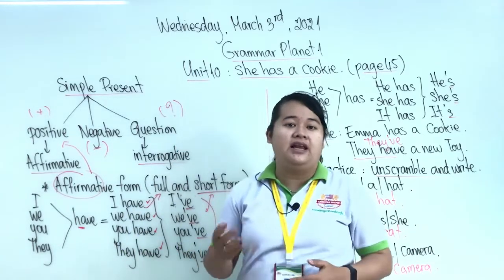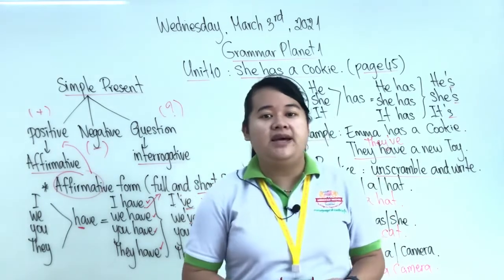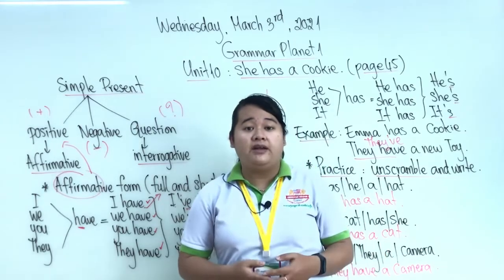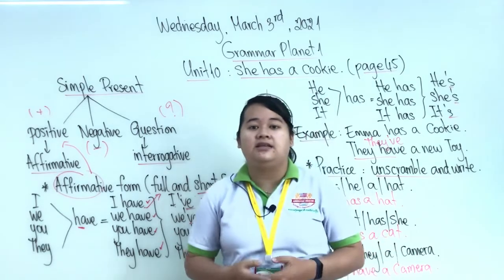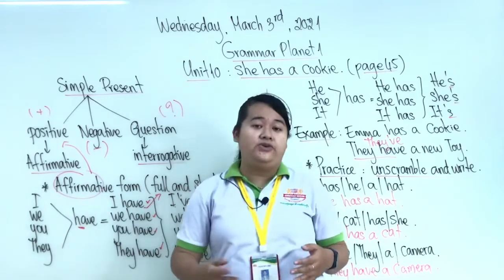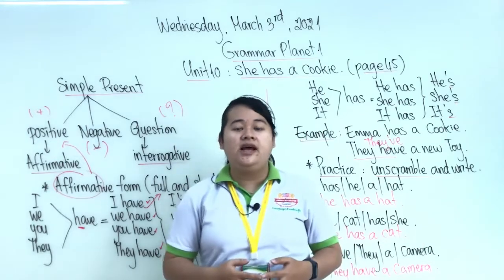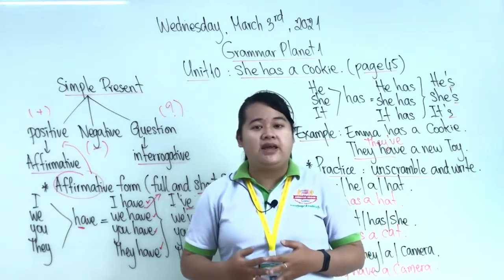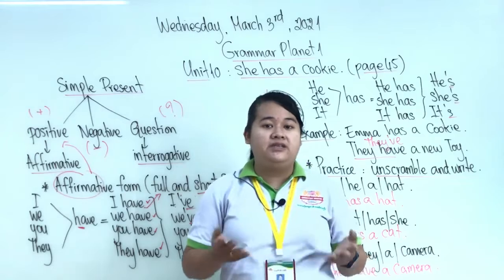At the end of the lesson, teacher wants to remind you not to forget to study by yourself at home and remember how to use have and has. And remember that have we use with I, you, we, they, and has we use with he, she, it. I hope that you understand well, and teacher will provide you the homework after this video.